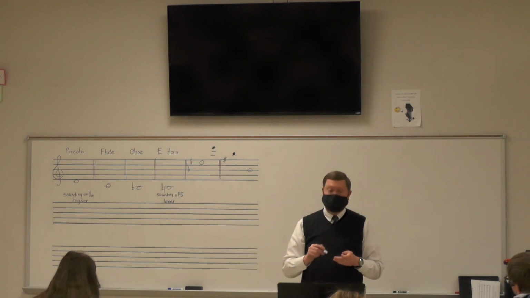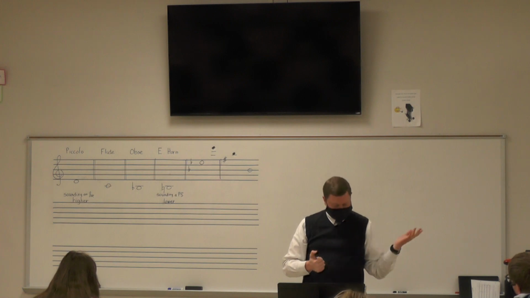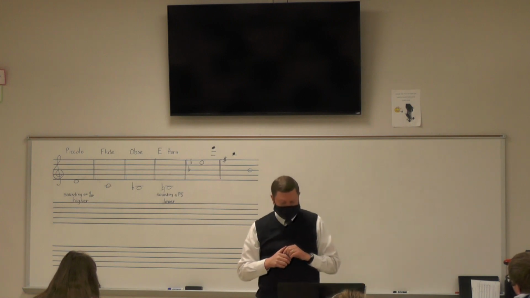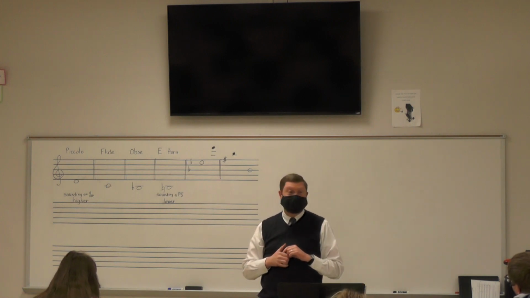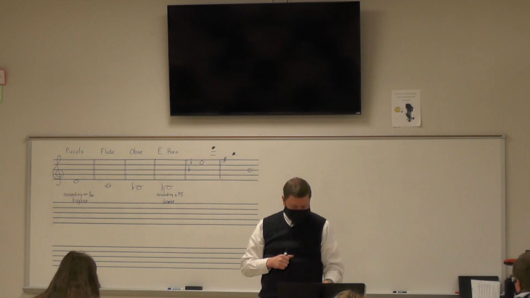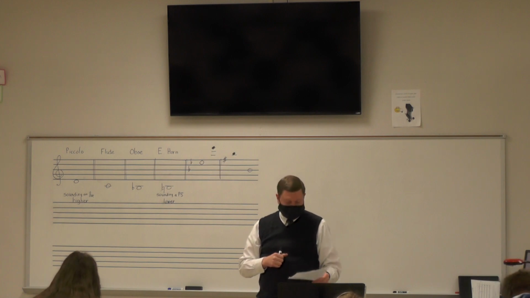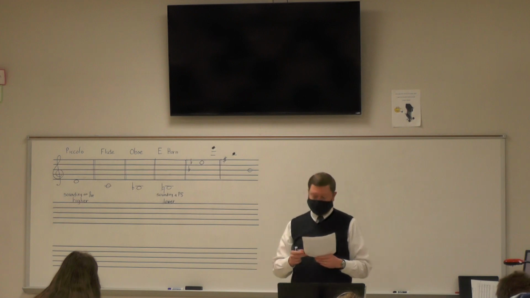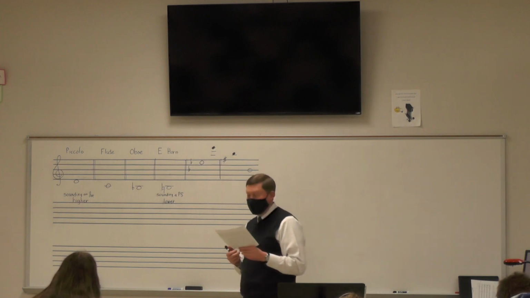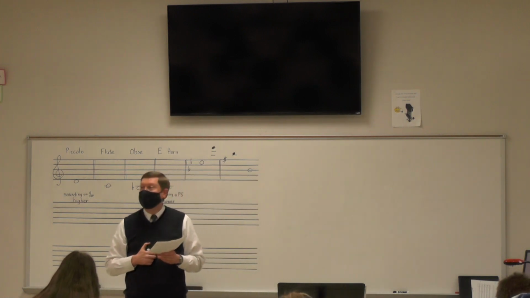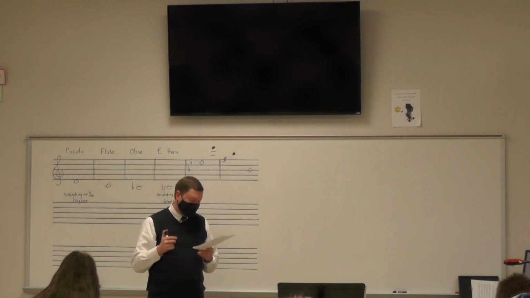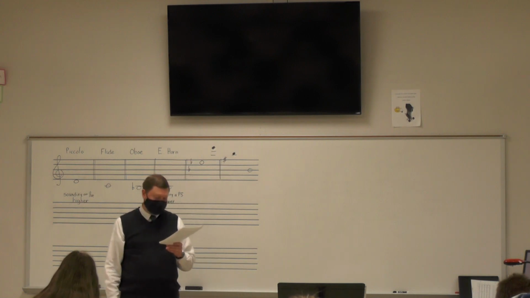The piccolo, believe it or not, is, according to the author, the most agile instrument of the entire orchestra. It's able to perform incredibly fast runs, skips, arpeggios, elaborate figurations of all kinds, you name it. So it's the most agile instrument of the entire orchestra.